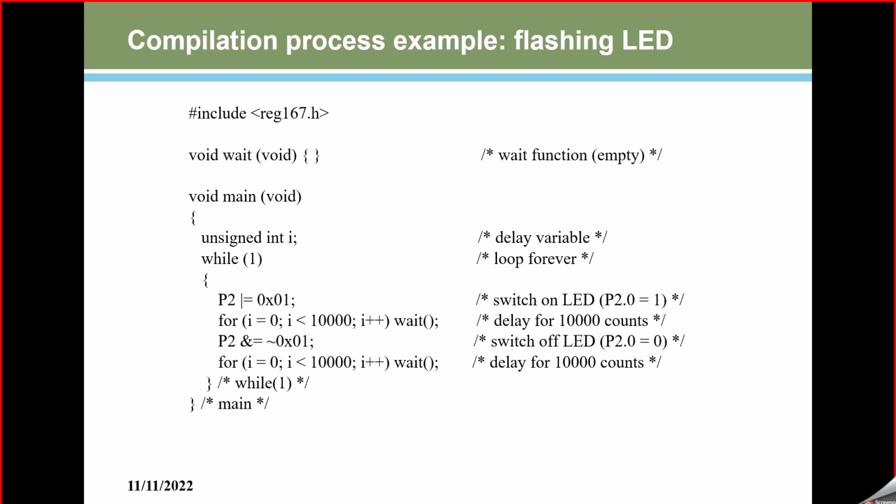So this is one of the registers available in this header file. reg167.h is a header file for a specific microcontroller. For each specific microcontroller, we will have a header file. This will be readily available in the compiler. No need to worry. You can just include it and start using it.